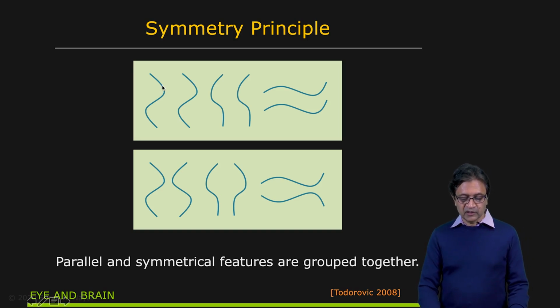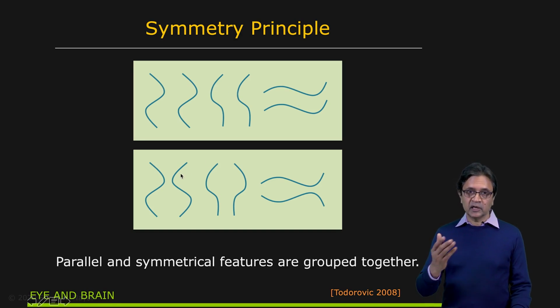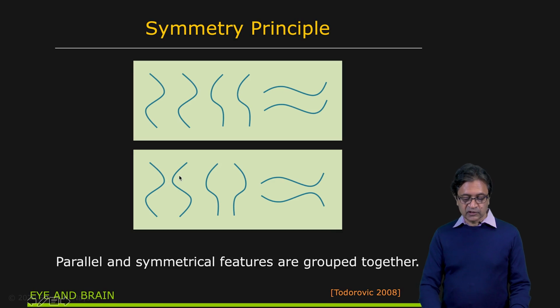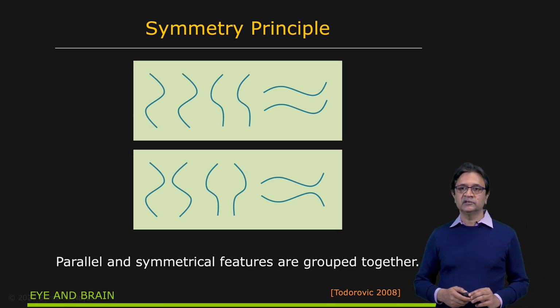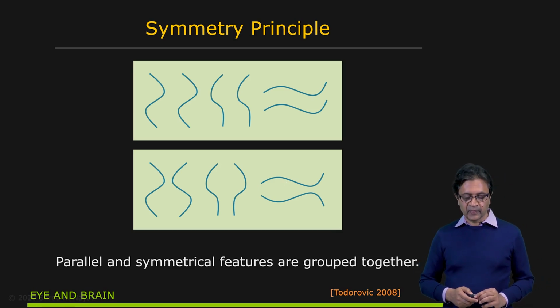So therefore, symmetry is a very strong principle that we use to group things together. These two, for instance, these two, and the same with this. And the same applies, there are different types of symmetry, as you know. So the same applies to these subgroups here as well. So parallel and symmetrical features are grouped together.